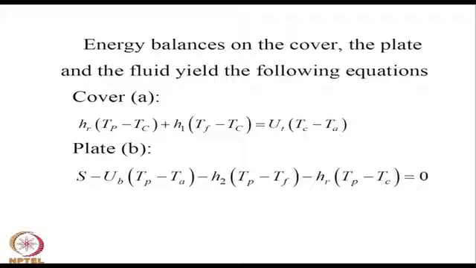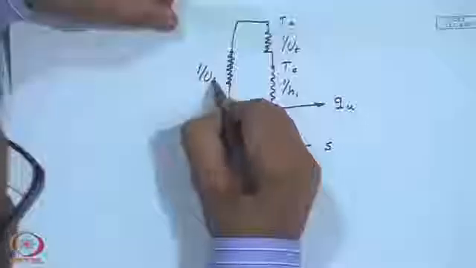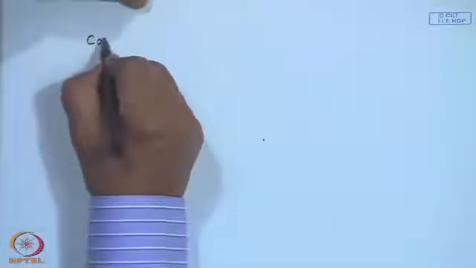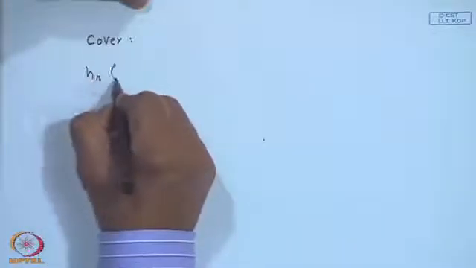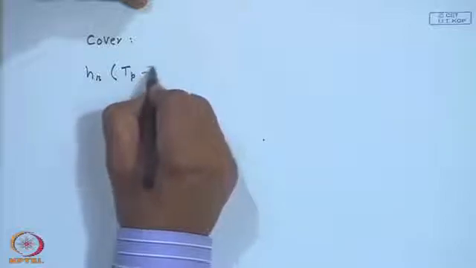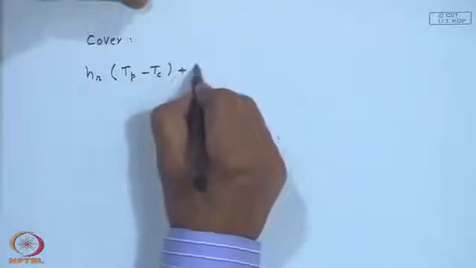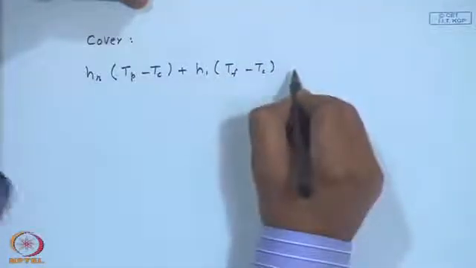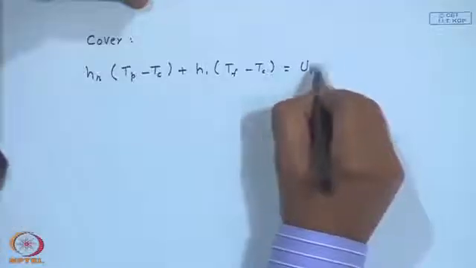Now, you have the energy balances. This is Ub. On the cover, HR times Tp minus Tc plus H1 into Tf minus Tc should be equal to Ut into Tc minus Ta.